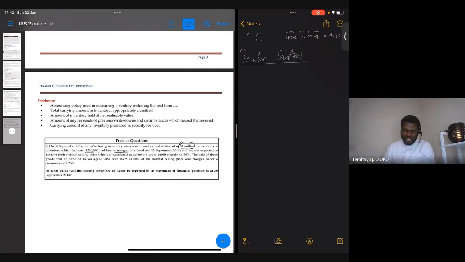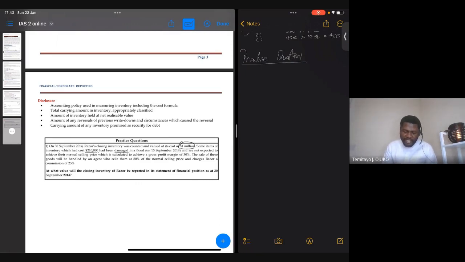That is another standard entirely. I'm not going to be moving into that. Now, and are not expected to achieve their normal selling price, which is calculated to achieve a gross profit margin of 30%. What this question is saying is that this particular inventory that costs 210 is not going to be sold at the initial selling price. And with the initial selling price, we are expected to make 30% profits.